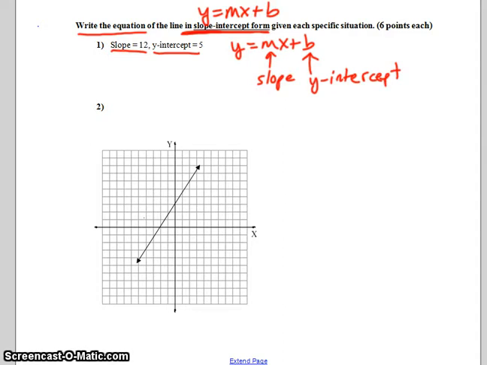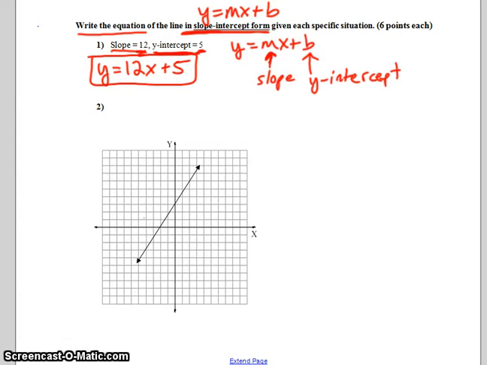So y equals the slope, m, which is 12, x plus b, and b is 5. You're done. That's it.